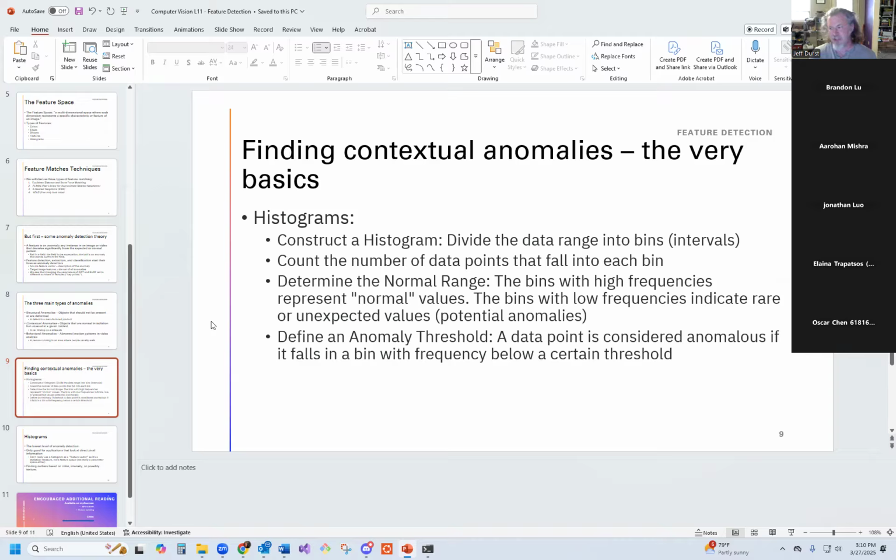So we have all these low frequency bins lying outside of our histogram, and then we slap a threshold on it. If the number of times this thing shows up in the image is way lower than everything else, then I'm going to say all of the things in that bin are anomalies, and I'm going to go and look for them.